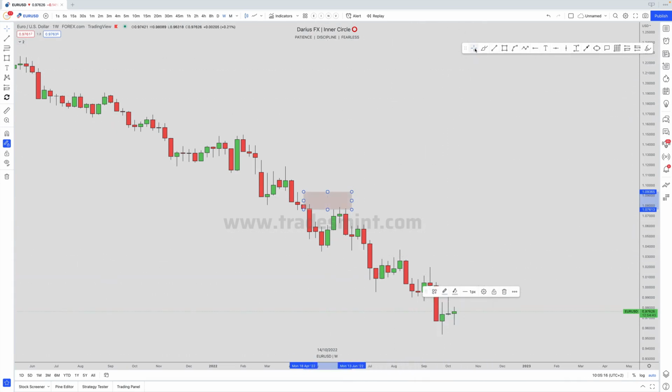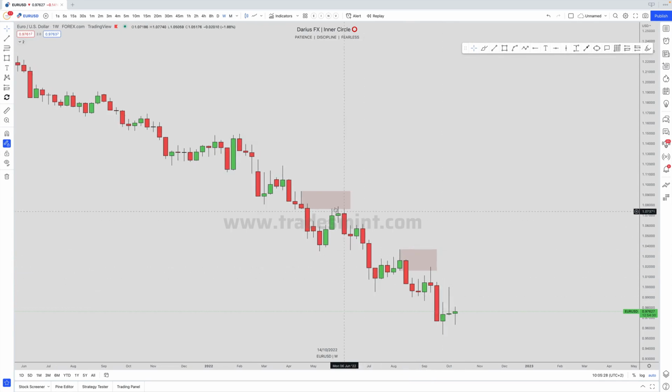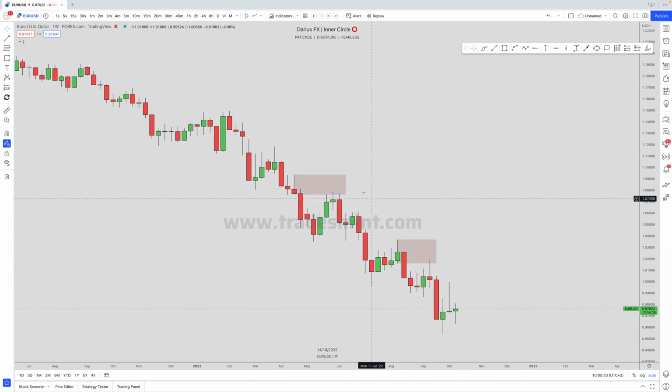In this example, it is red, but we do not care about it. The better example would actually be this one: the last up move candle before the down movement. But I wanted to show you also a red candle because it is not really important right now what color you see here.